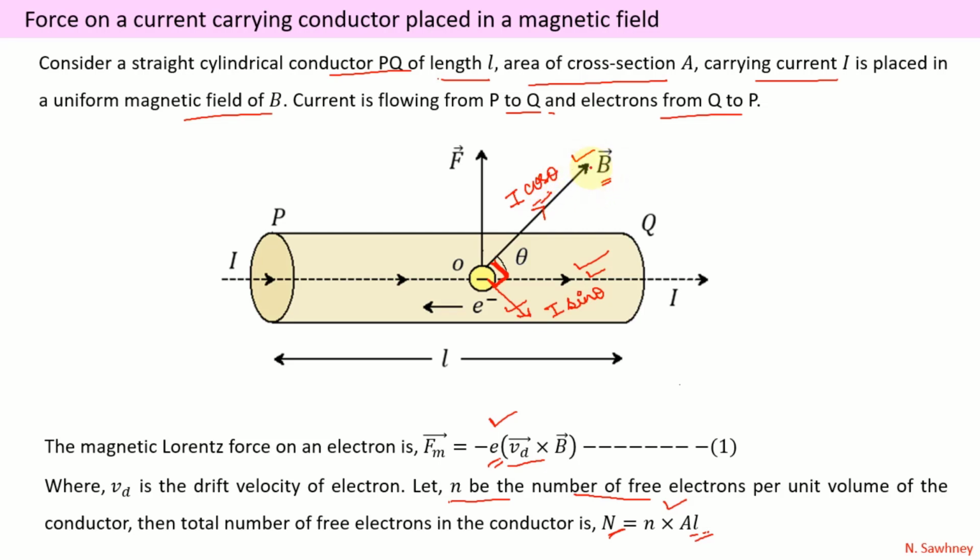It means it is making an angle of 0 degrees with the magnetic field. If it is making a 0 degree angle, this component will not give any force to the conductor, and due to the presence of this perpendicular component I sin theta, a force acts on it and its direction is given by Fleming's left hand rule, that is perpendicular to the direction of the magnetic field vector and the current vector.